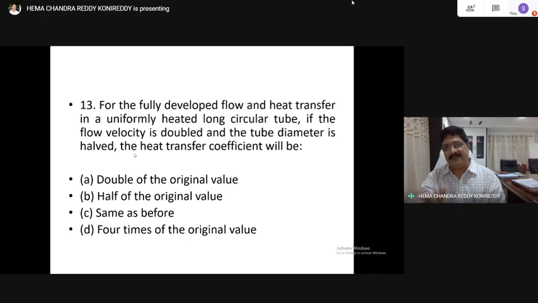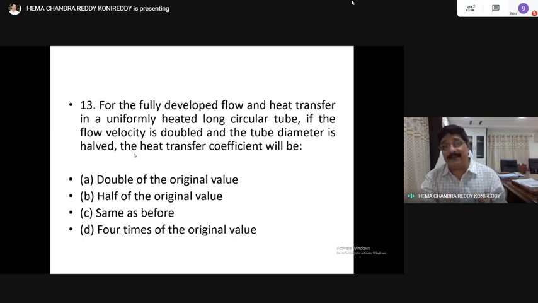Here two things are changed: velocity is doubled, diameter is halved. V is 2V now, D is D by 2, the 2 gets cancelled, null effect. So the Reynolds number is not changing, and therefore the Nusselt number will not change.